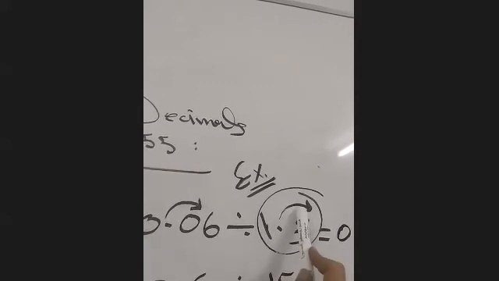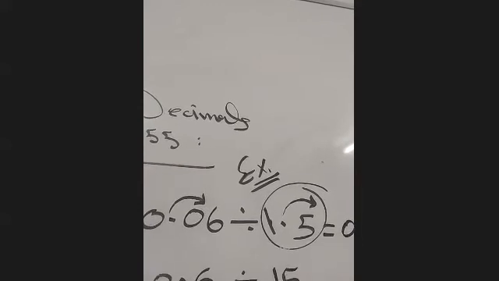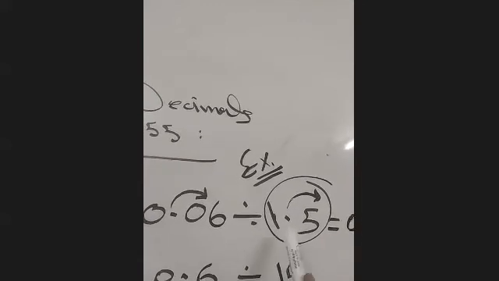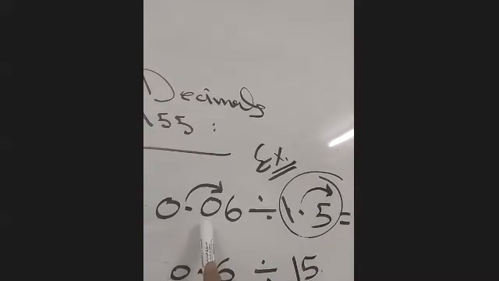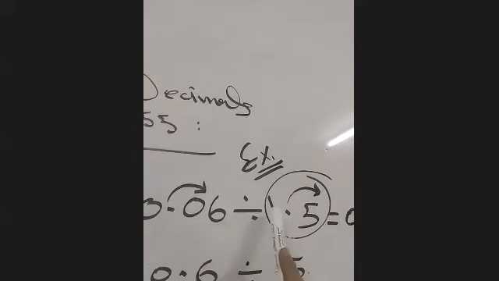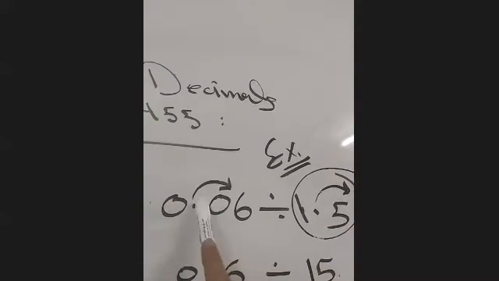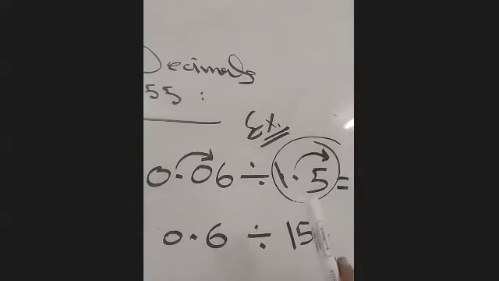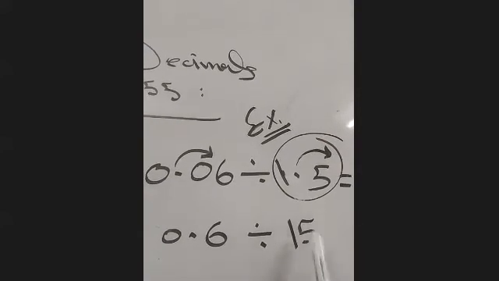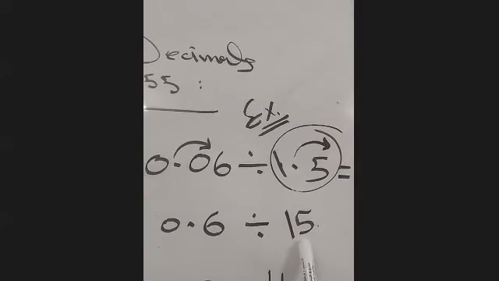We push 1 digit to the right. But if we do something in the divisor, we will do the same thing in the dividend. So here I push 1 digit. Also here I need to push 1 digit. And we will remove the zeros. Here the 1.5 becomes 15.